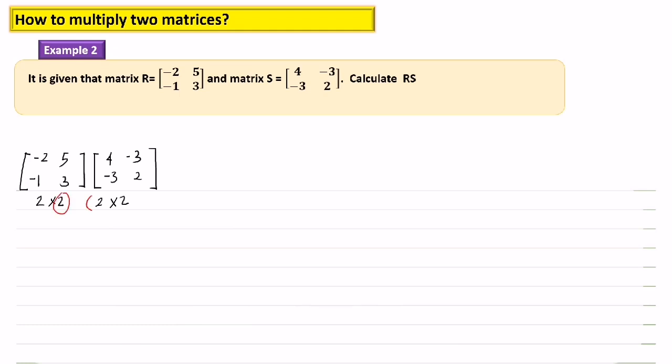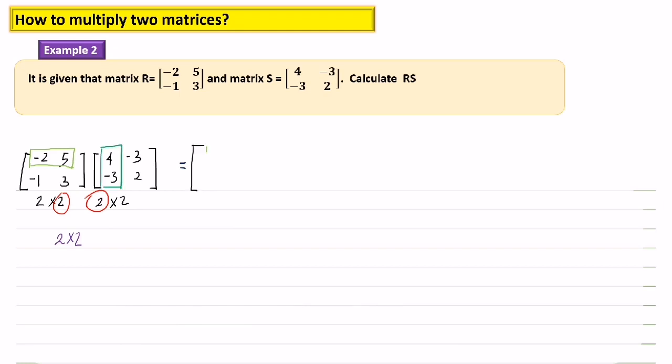So the numbers in the middle are the same, so they can multiply, and the product of these two matrices is 2 by 2 also. Let us check how to multiply. We always start with a row multiplied by the second matrix's column.